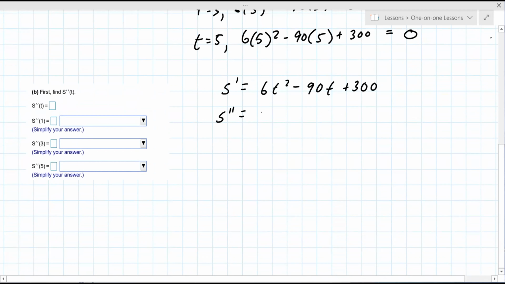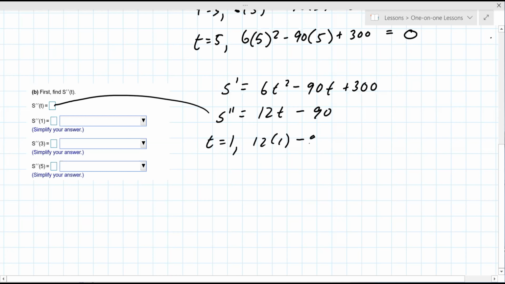So 2 times 6, that's 12t minus 90, and that's what goes in there. S double prime of 1, you're setting t equal to 1, so it's 12 times 1 minus 90. That's negative 78.